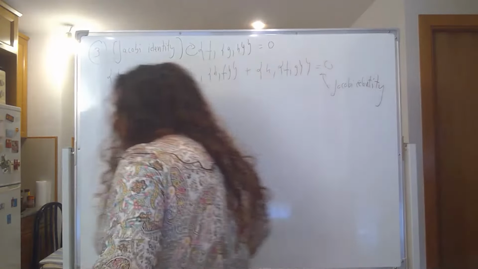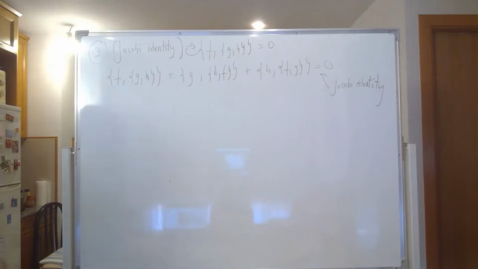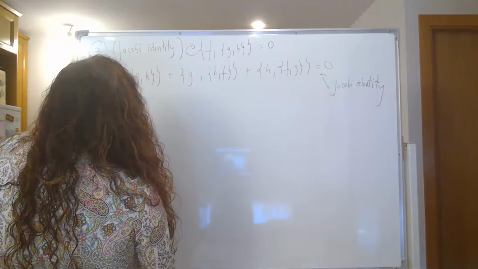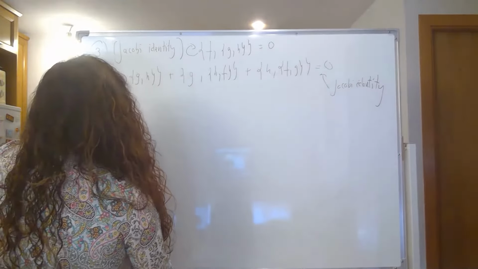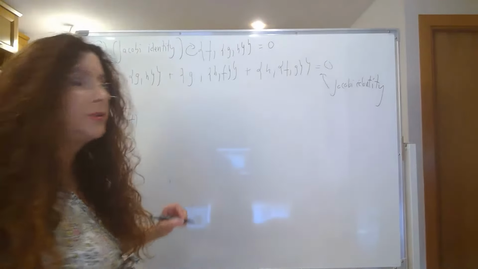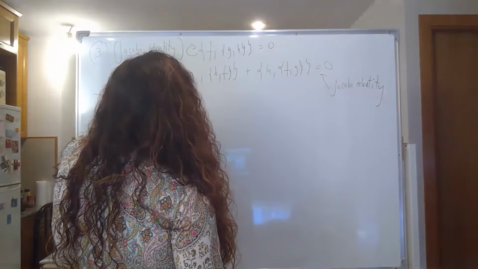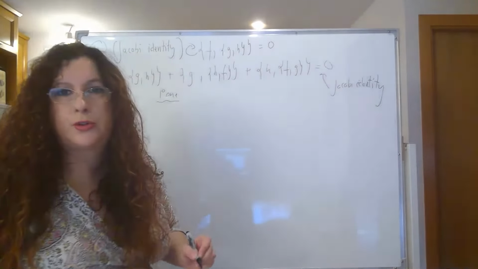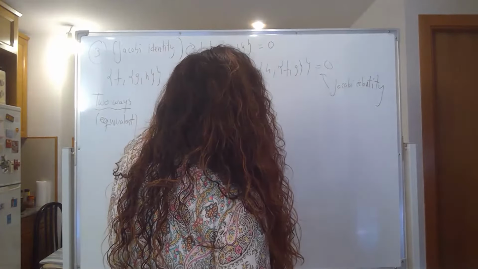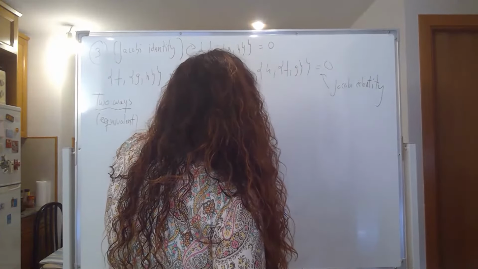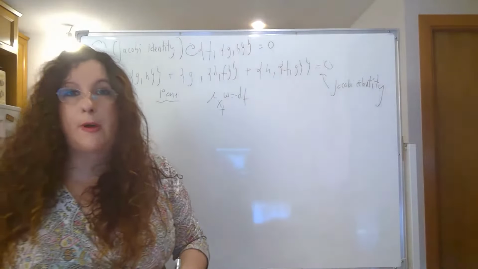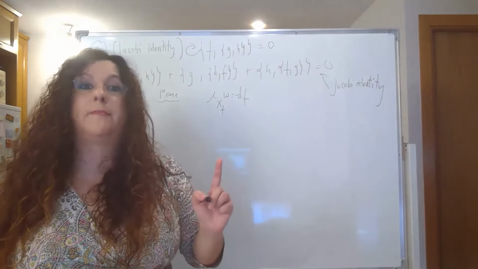A way to prove this result, there are two ways, which are totally equivalent. The first one, which is the one I suggested, is to use the fact that the correspondence between functions and Hamiltonian vector fields given by this formula defines an isomorphism of the tangent and the cotangent bundle.